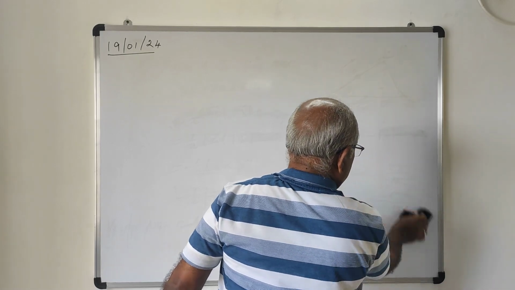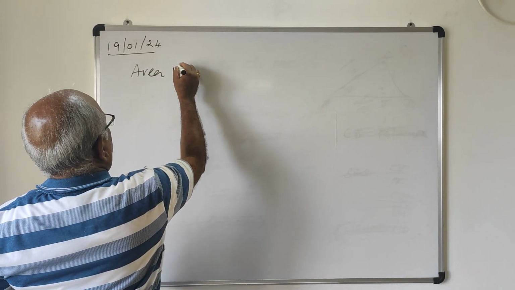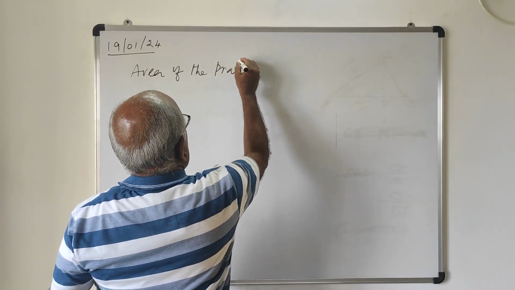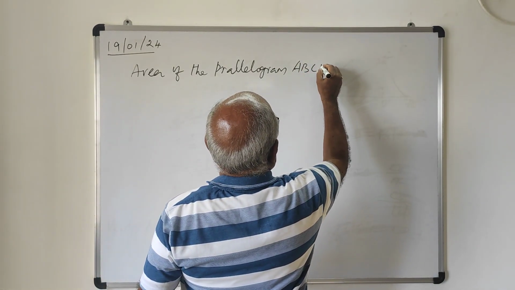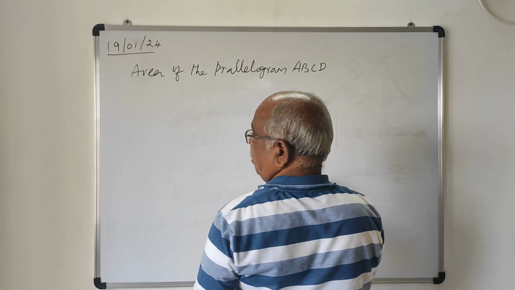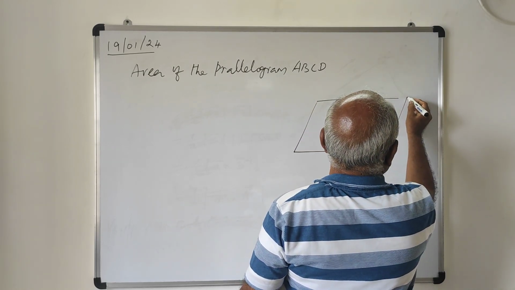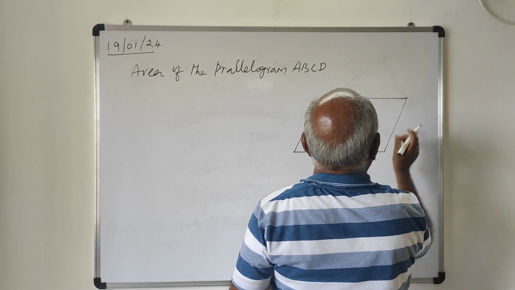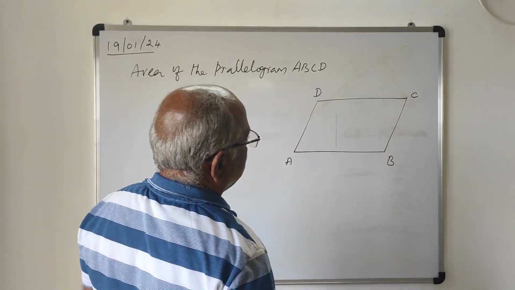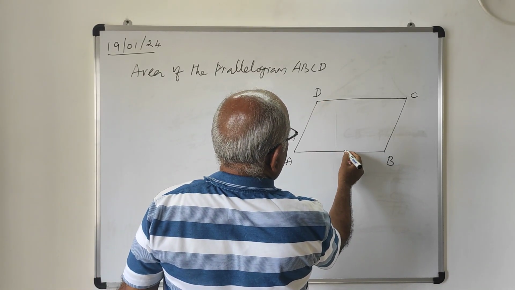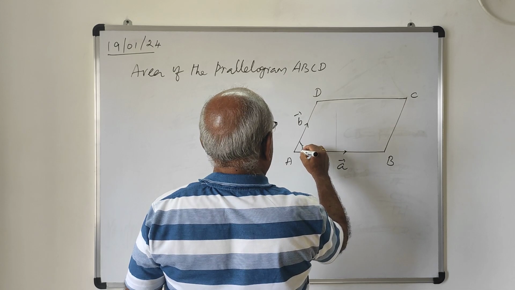Consider the parallelogram ABCD, having adjacent sides AB as vector A and AD as vector B, and the angle between the two vectors A and B is theta.